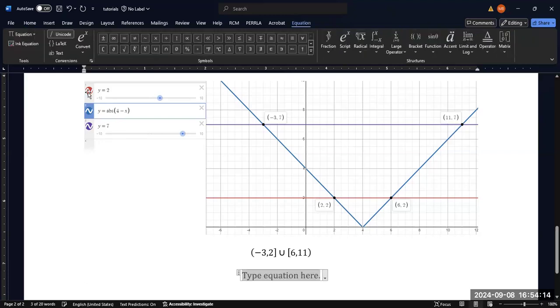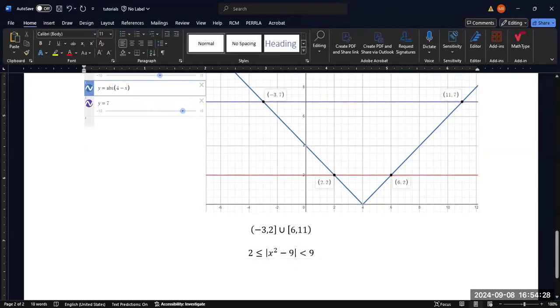Now let's look at another example. This one is also a double inequality, but it's a little bit more complicated because we have a square inside our function. So we'll graph it similarly. We'll just change our upper bound and our inside function.